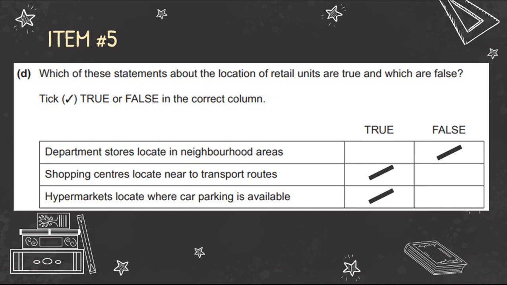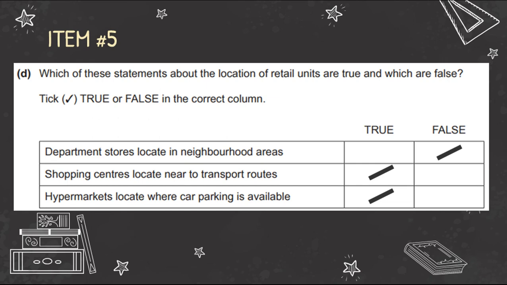Of course, it's false, since department stores are located in the central area of each part of the city, so that it will provide accessibility and easy access to the most number of consumers living in that area. So a department store is actually in the middle of the city, and usually department stores are located in high traffic areas.